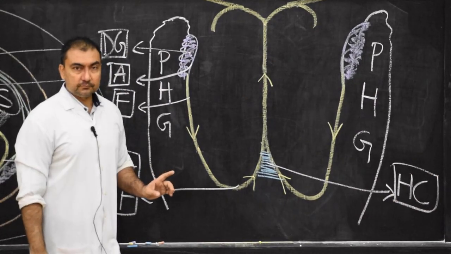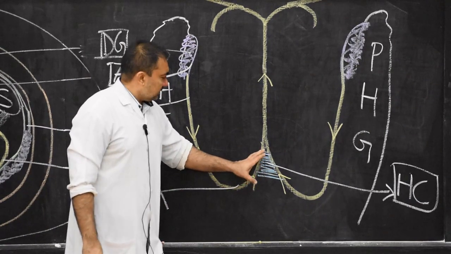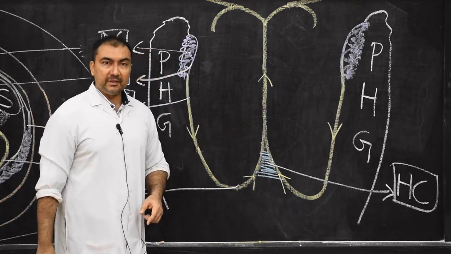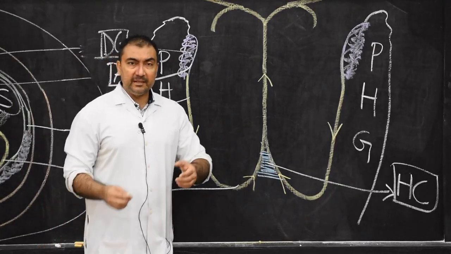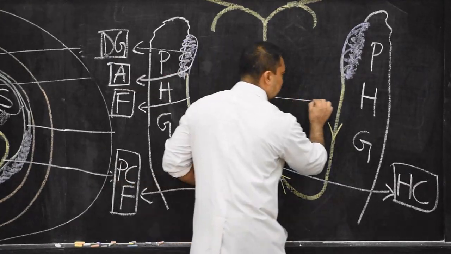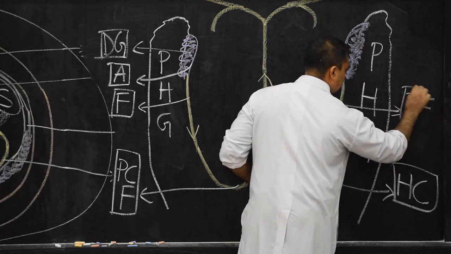Therefore, from here the two posterior columns of fornix will join and form the body of the fornix, and this body of fornix will be lying just below the septum pellucidum, and therefore here we will mark this as the body of the fornix.